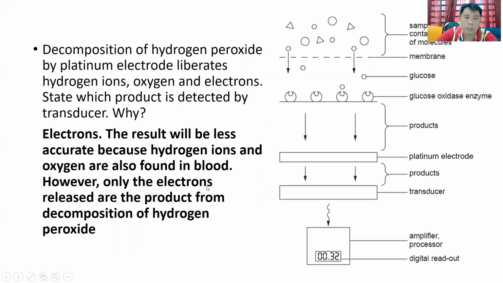However, only the electrons released from the decomposition of hydrogen peroxide can be detected by the transducer and indicate the amount of glucose.